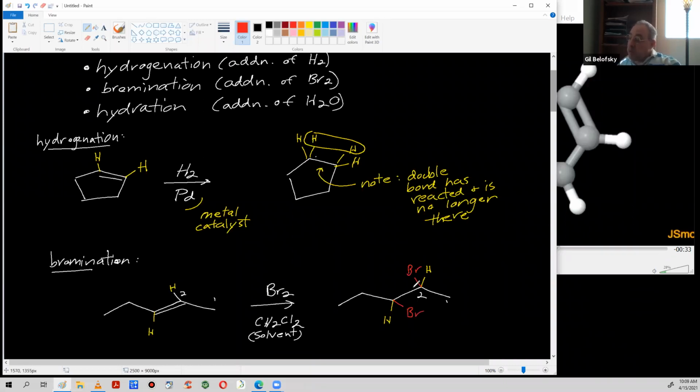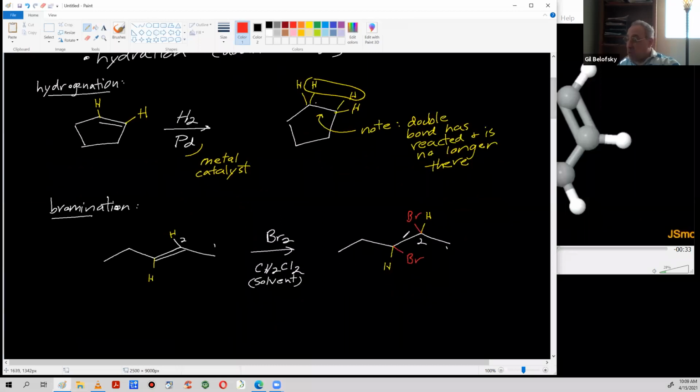So two bromines added across the double bond, one to each of the carbons of what was the double bond, which is no longer a double bond. So if we wanted to name this, it would be 2,3-dibromopentane. Now it's a pentane. It's no longer a pentene.